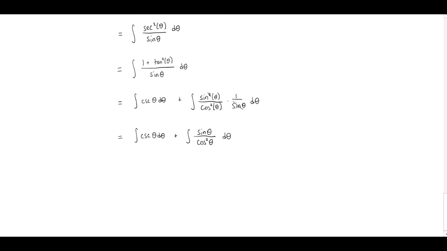So the integral of cosecant theta. Okay, so maybe you guys don't remember the formula for that, but it was negative natural log of cosecant theta plus cotangent theta. Okay?